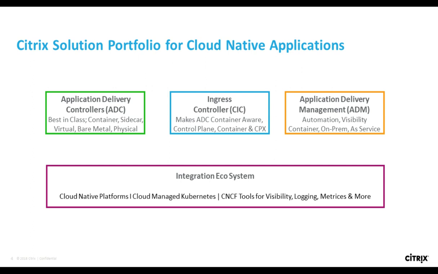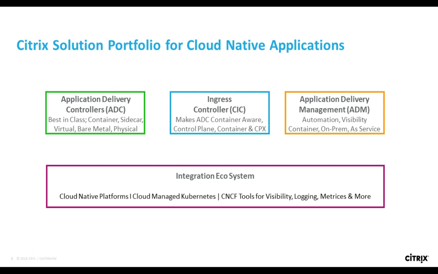It is best-in-class. Now it comes in multiple options based on your architecture: physical, virtual, bare metal, and in containers, as well as a sidecar option if you are considering a service mesh architecture, which we are going to go into in detail.